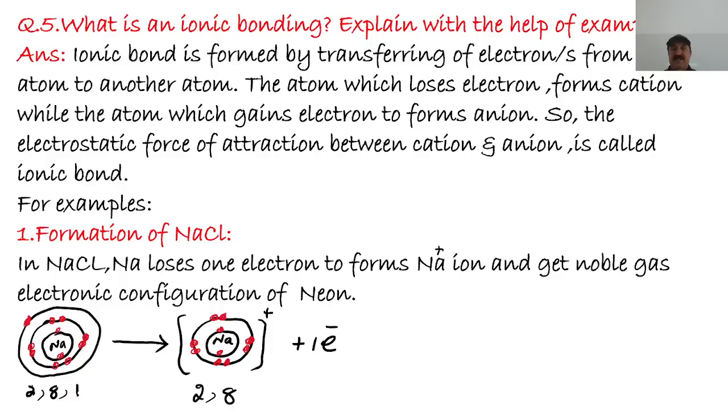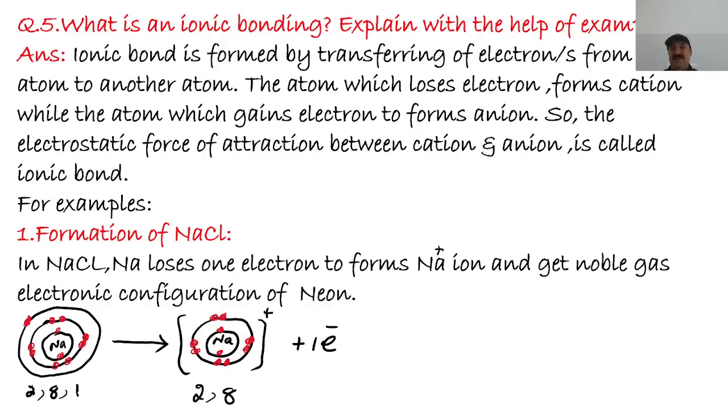So an ionic bond is formed when one atom loses electrons and another atom gains electrons. The atom which loses electrons forms cations, while the atom which gains electrons forms anions. Cations and anions attract each other electrostatically and form ionic bonding.